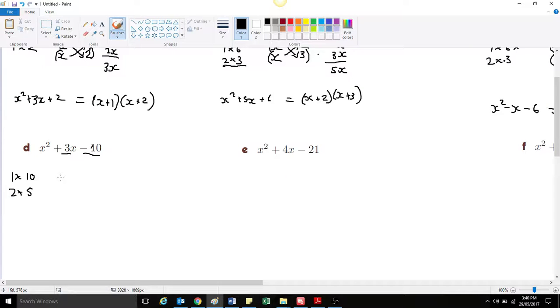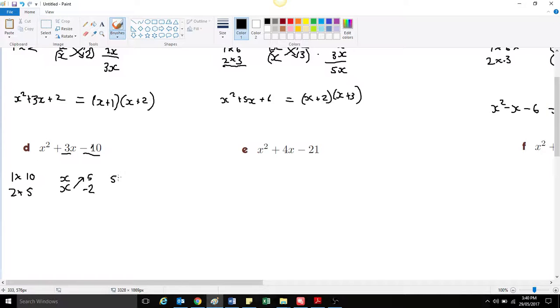All right. So we're going to do multiples of x squared, x and x. Multiples of minus 10 are 5 and 2. All right. That's the one that we're going to use, 5 and 2. Okay. And we can see if we have positive 5 and minus 2, that it will add up to 3x. Okay. 5 times minus 2 is minus 10. 5 plus minus 2 is positive 3. So let's confirm that here.